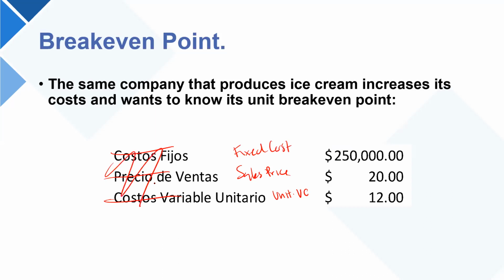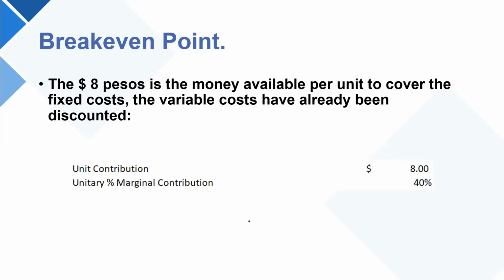Okay, and the people at the top of the ice cream company tell you that their fixed cost is 250,000. The sales price is 20 pesos per unit, and the unit variable cost is 12 pesos per ice cream sold. So you know that 8 pesos is the money available per unit to cover the fixed cost. How do you know that?